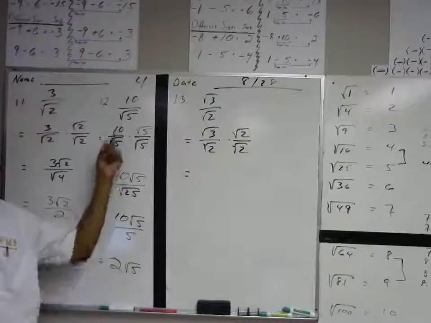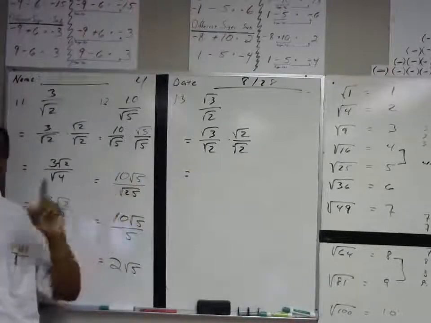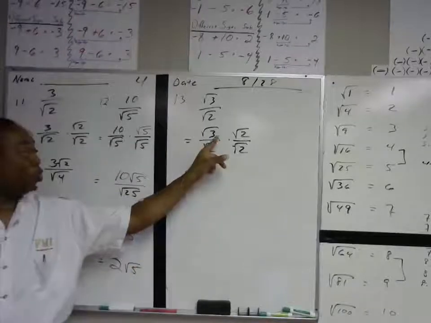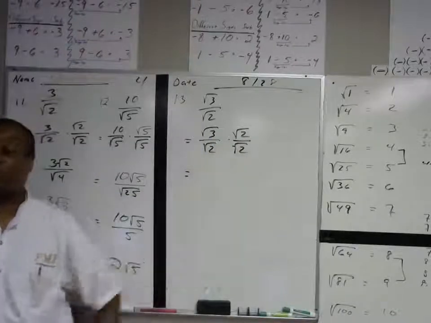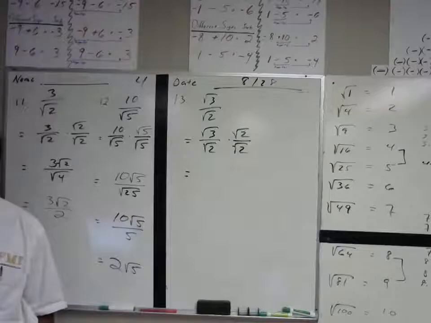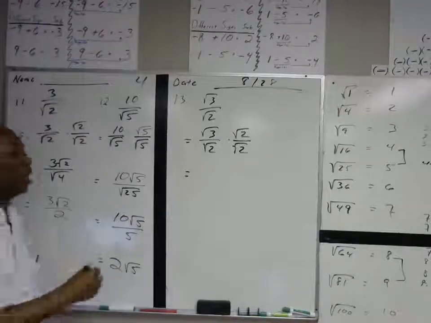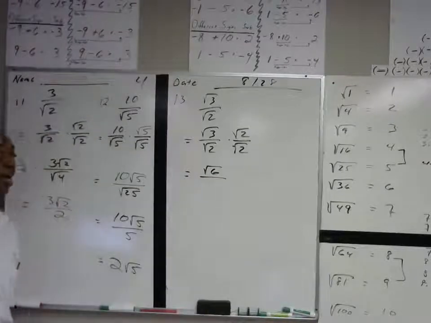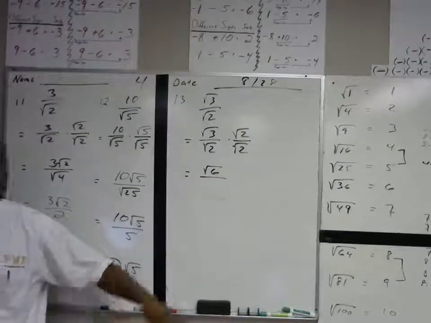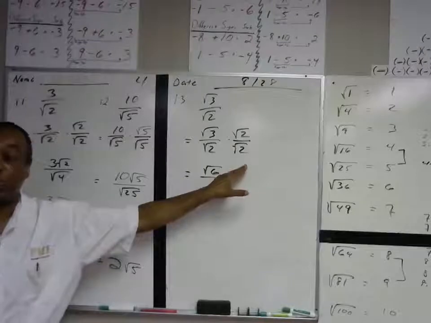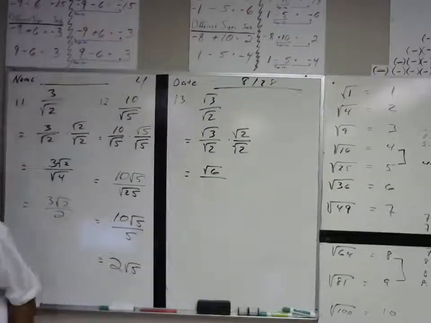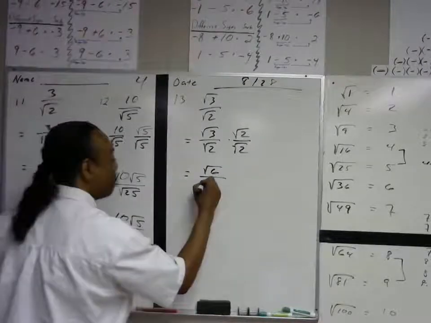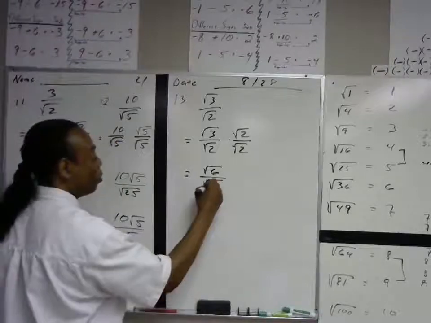Now, before we could not multiply the tops. This time we can. What is the square root of 3 times the square root of 2? Square root of 6. Yes. And for the denominator, square root of 2 times the square root of 2 ends up being the square root of 4.